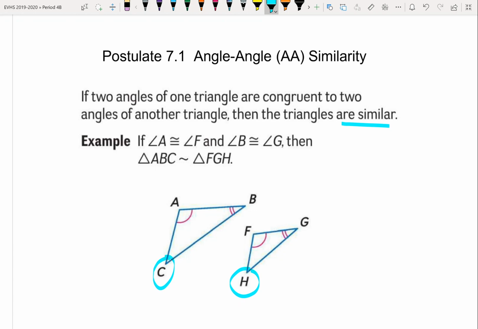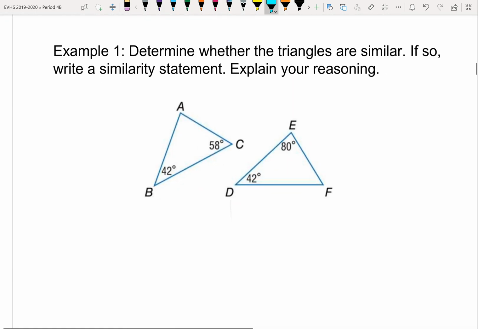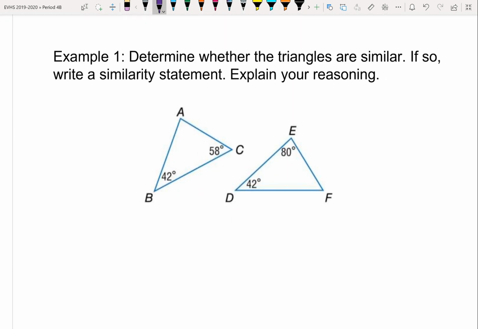They are similar triangles. So let's go ahead and do this one. Determine whether the triangles are similar. Looking at this, I can say that angle B is congruent to angle D. I can see that. They're both 42 degrees. However, E is definitely not congruent to C, but let's do some subtraction here and figure out what the measure of angle F is.